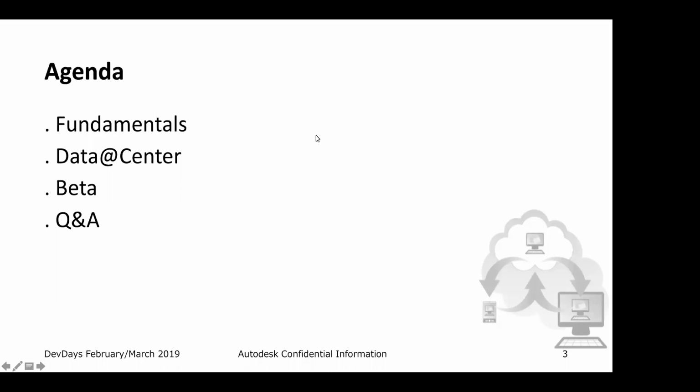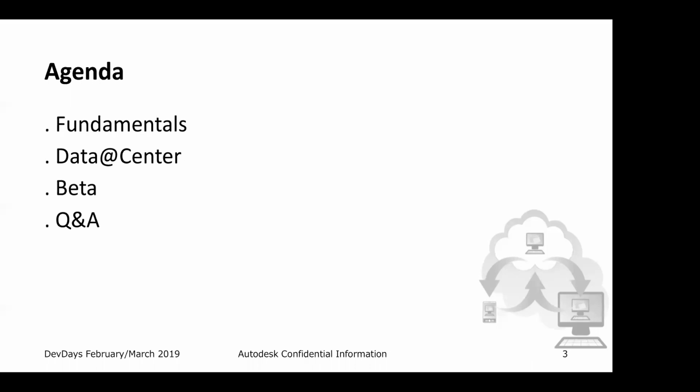Today this presentation on DevDays is really about explaining what Design Automation version 3 is and how to use it. It's very technical from that perspective. So let's start with the very basic fundamentals about Design Automation.